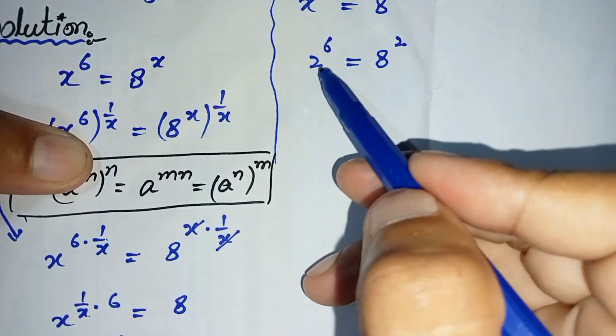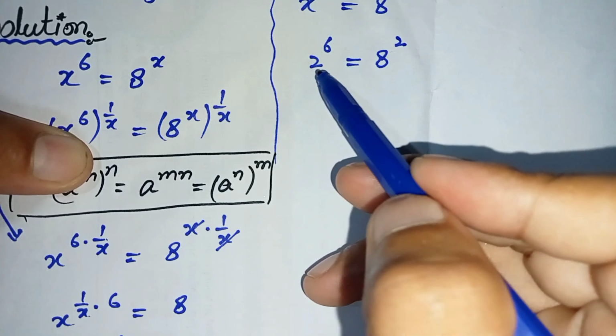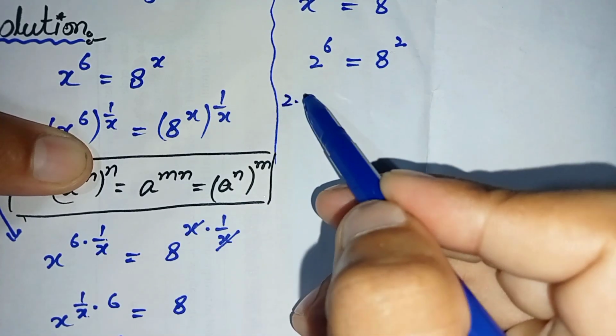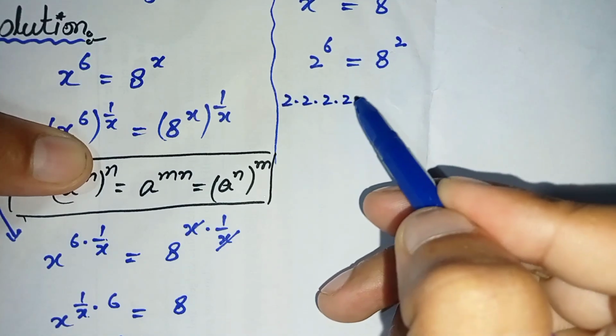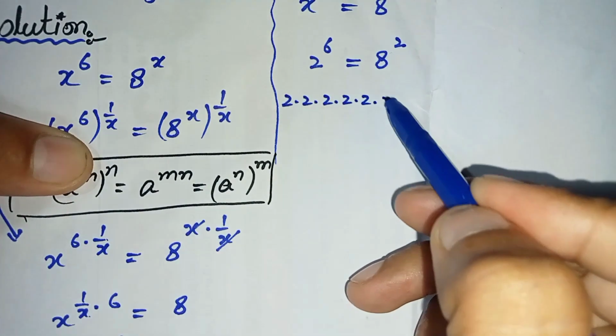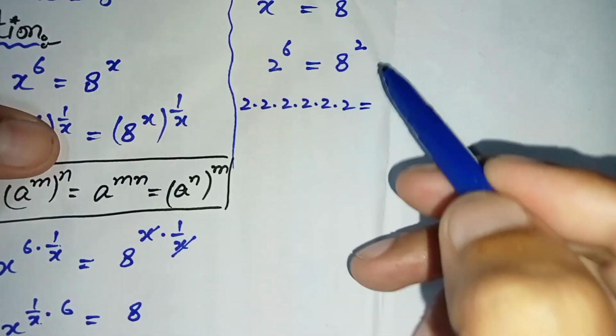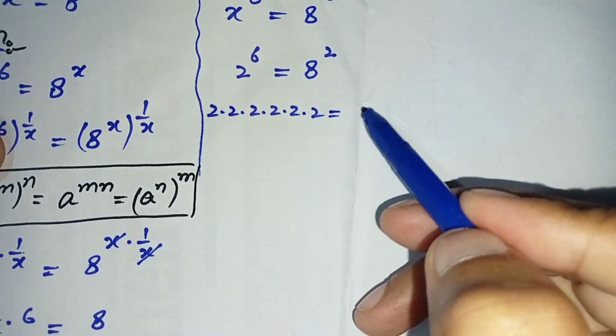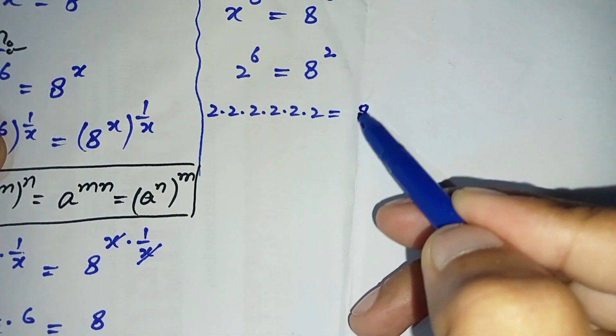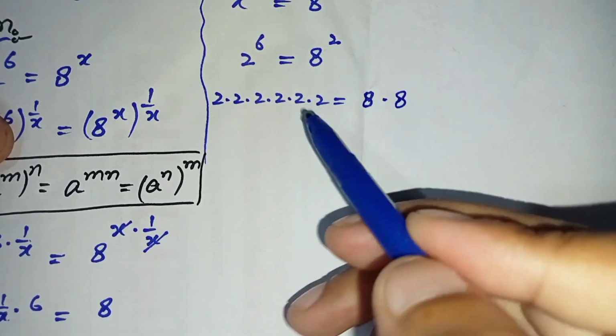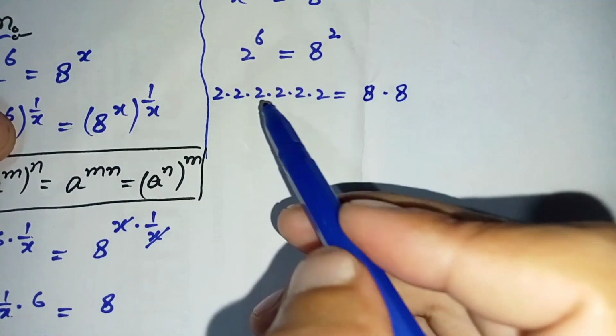2 raised to power 6 means we need to multiply this base 6 times. So we will multiply it 6 times is equal to, and 8 raised to power 2 means we need to multiply 8 2 times. So let's simplify the number on both sides.